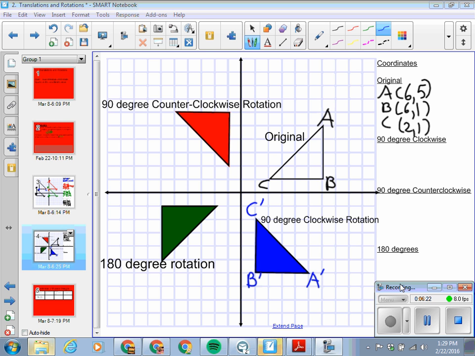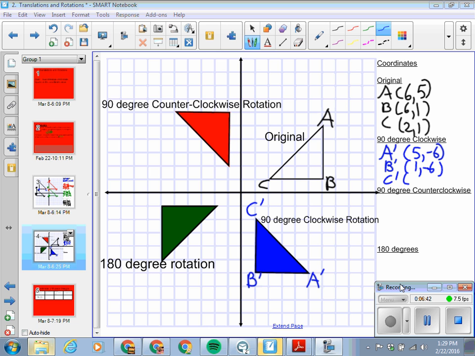So 1, 2, 3, 4, 5. 1, 2, 3, 4, 5, 6. A prime becomes 5, negative 6. B prime becomes 1, negative 6.